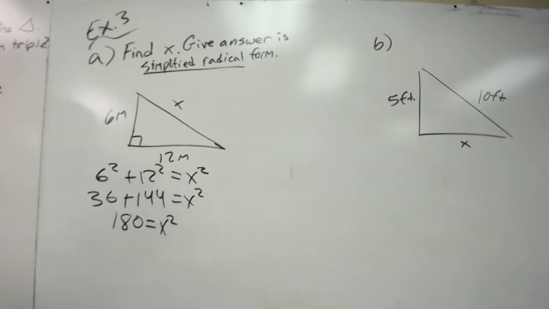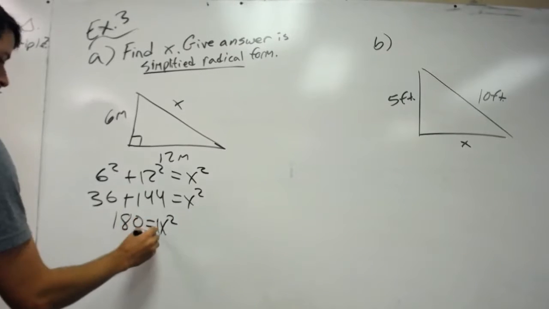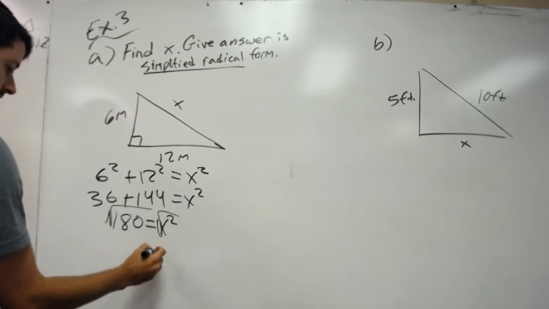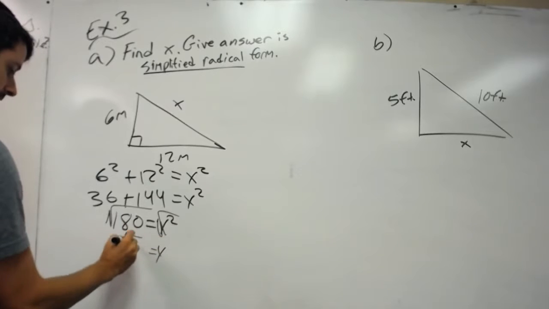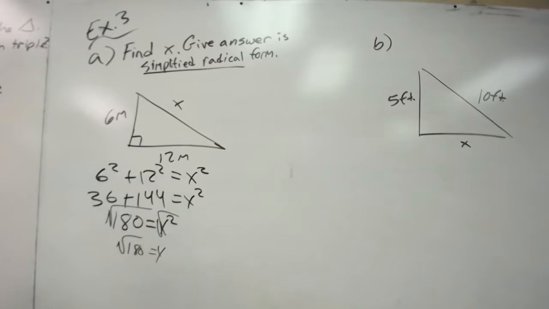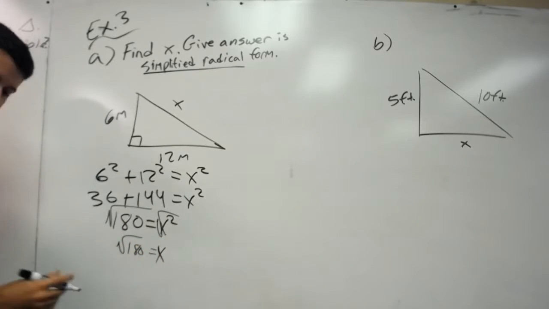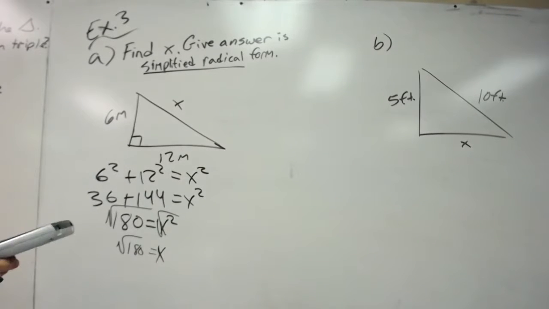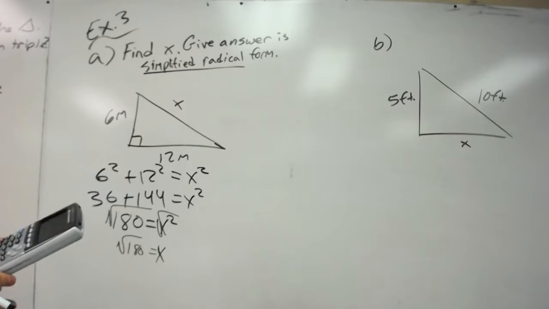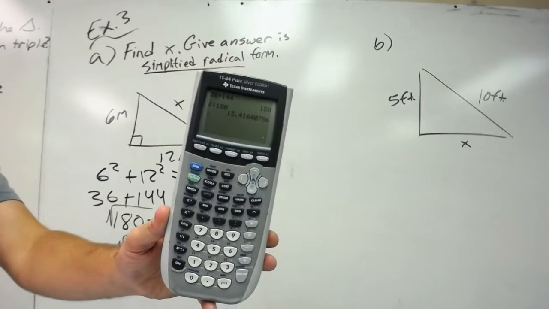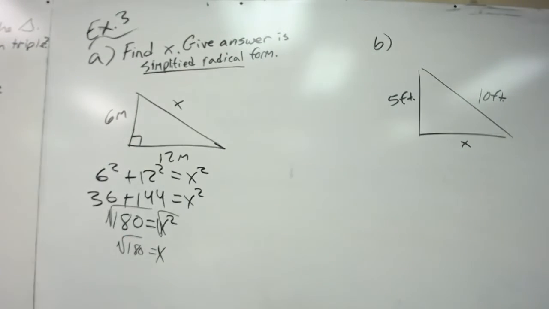Now from here, when we square root both sides, we're left with x equals square root of 180. Now I can check to see if it is a whole number. I put radical 180 in my calculator, and it's a decimal. It's not a whole number. So what we need to do is simplify the square root of 180. How do we do that?